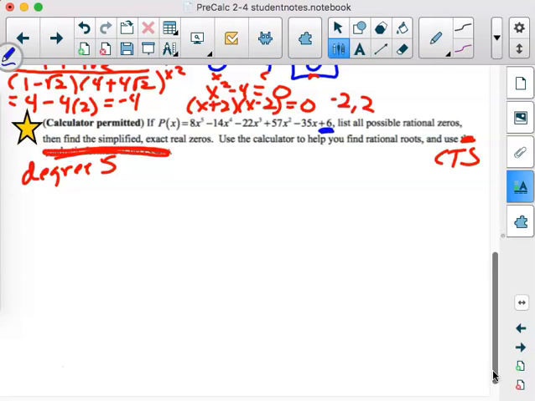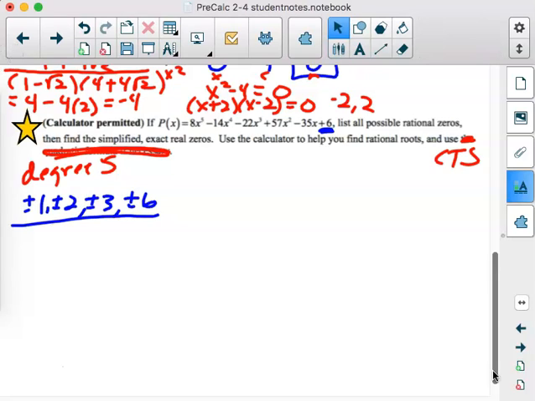I need all the factors of the constant in back, divided by all the factors of the leading coefficient.